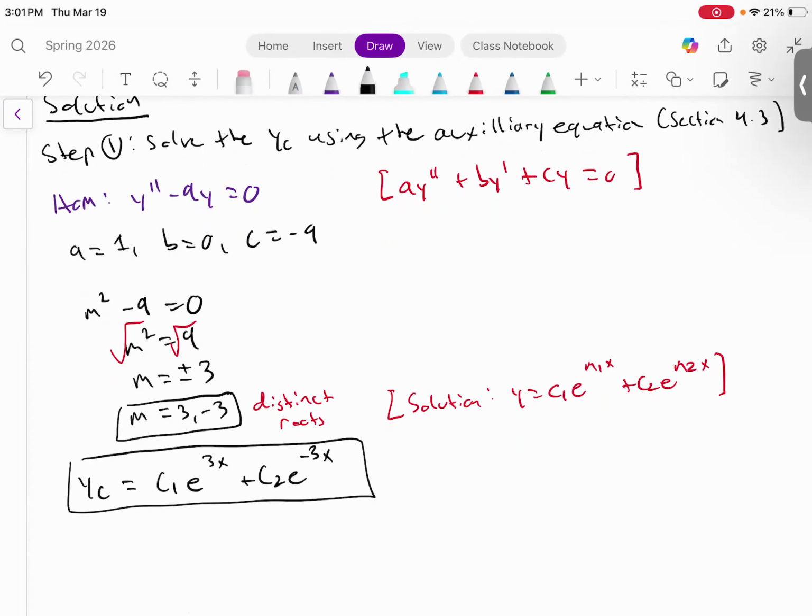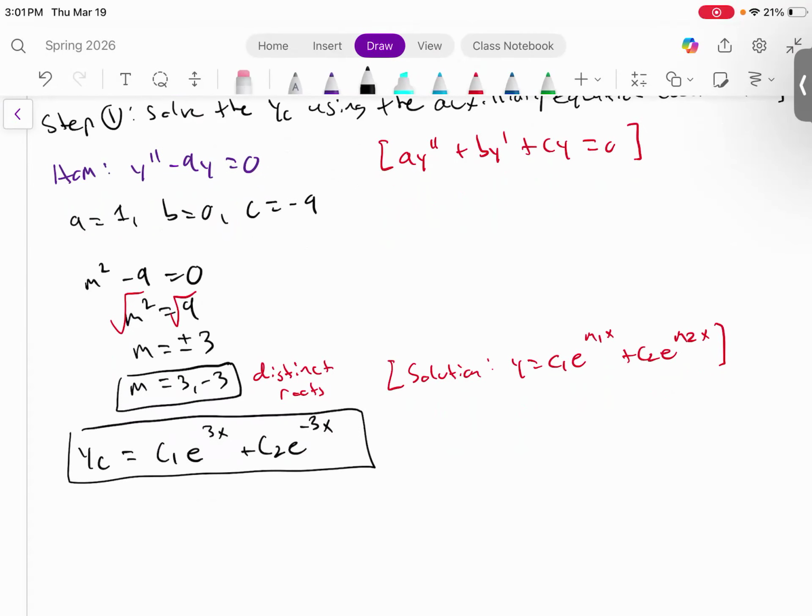And here we're dealing with variation of parameters, so we know we're going to need a y1 and a y2. So just remember that this e to the 3x is my y1, e to the negative 3x is my y2. So we'll make a note: y1 equals e to the 3x, y2 equals e to the negative 3x.